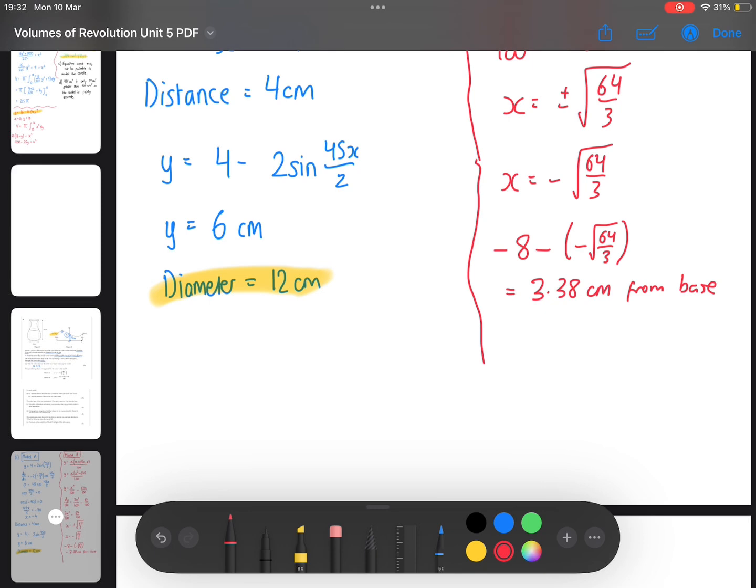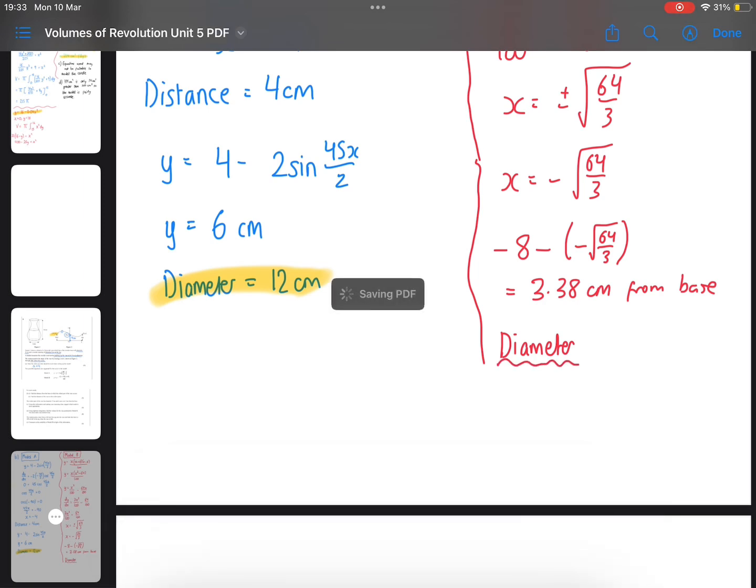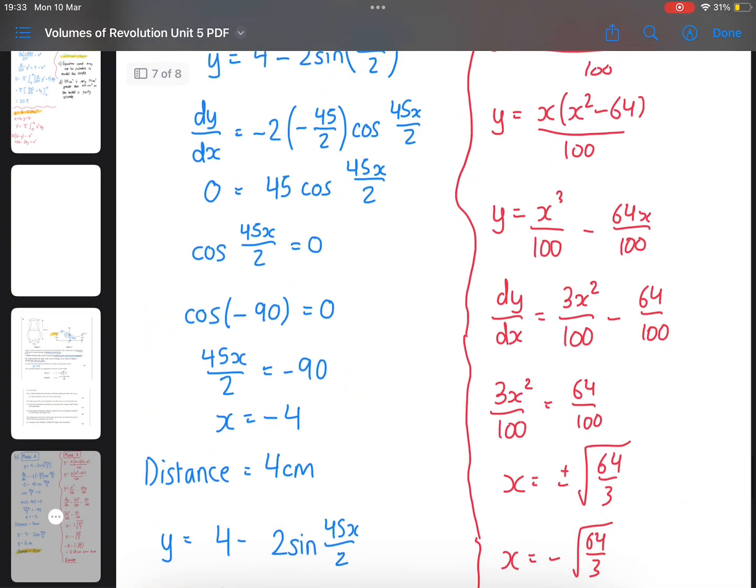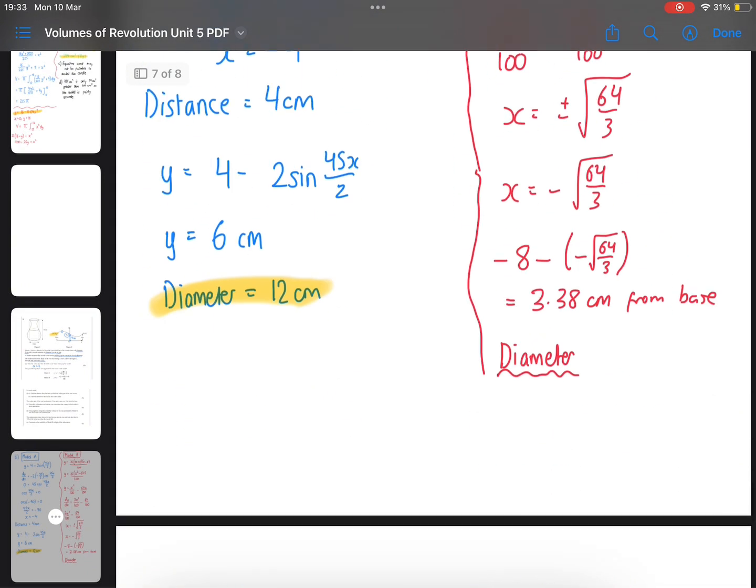And to find the diameter, we're going to substitute back in to y in order to find the diameter. And y was obviously x cubed minus 64x over 100.